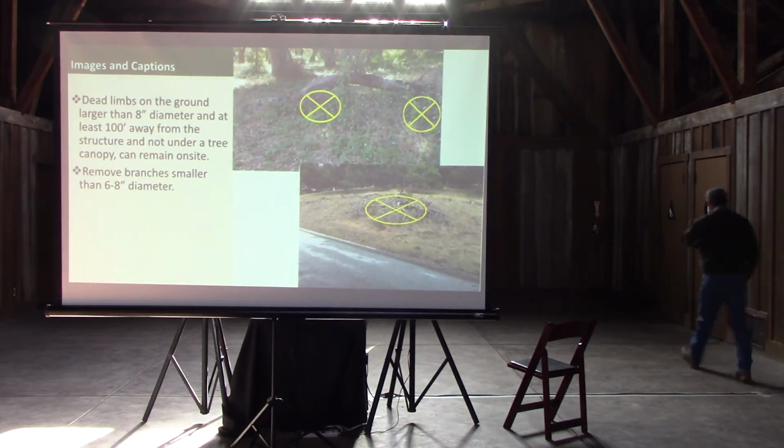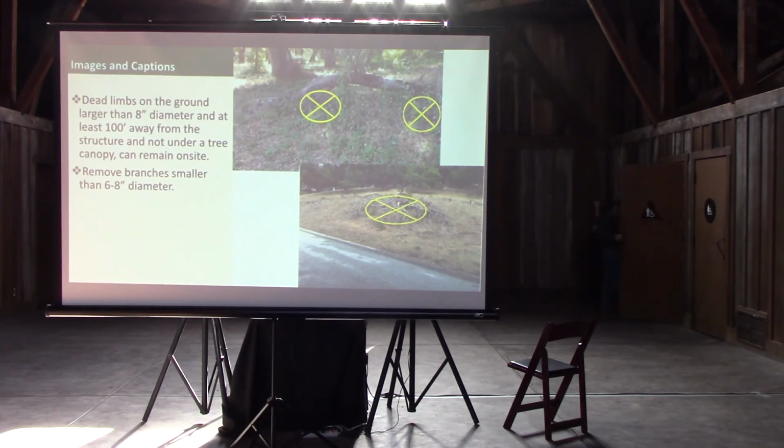Dead limbs, we've also talked a lot about that. I really encourage you to move limbs over 8 inches, if they have to be moved, rather than dispose of them, because they really are so valuable. So here's one that's over 8 inches. It's probably under a tree canopy, so we don't really want that.